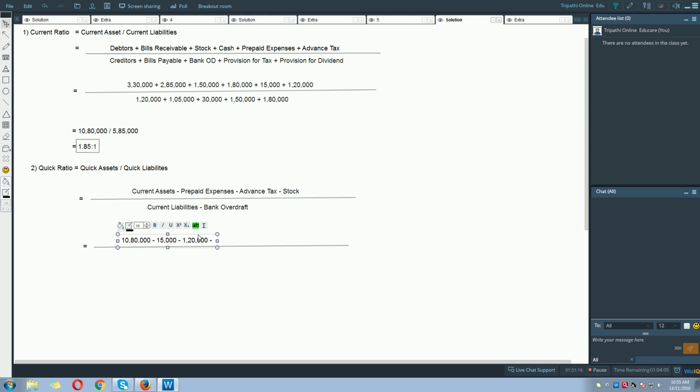And in current liability we will take current liabilities minus bank overdraft. Fine.